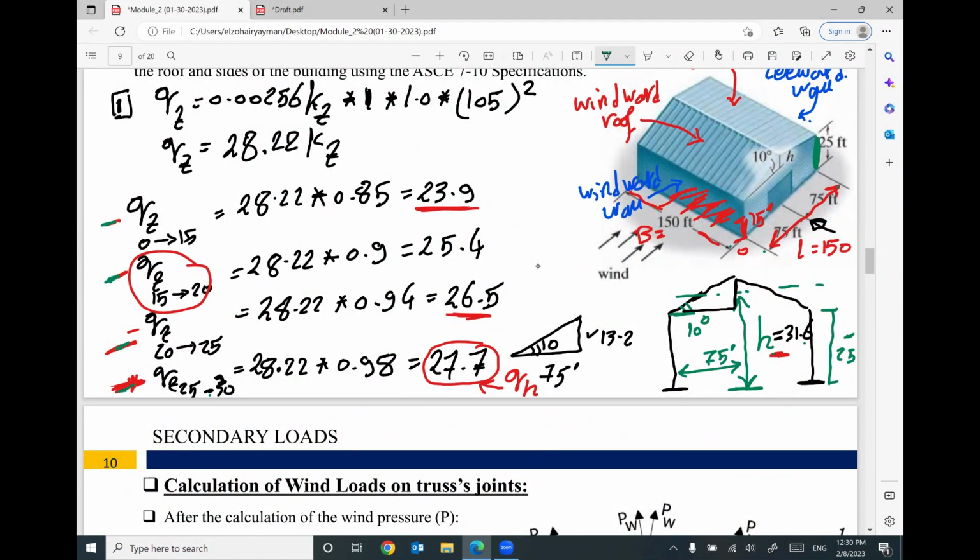This is the reason why I chose this value for QH. QH means the value of QZ at H equals 31.6. So we have a value here for QZ at the level of 25 to 30, the nearest elevation to H equals 31.6. That makes sense? Okay.